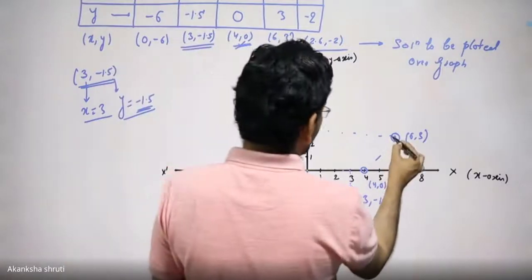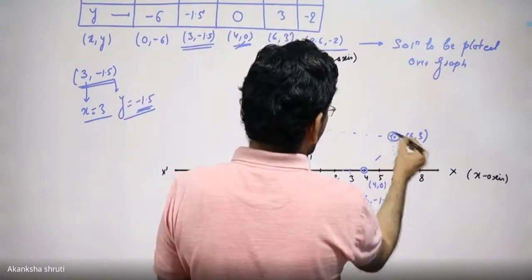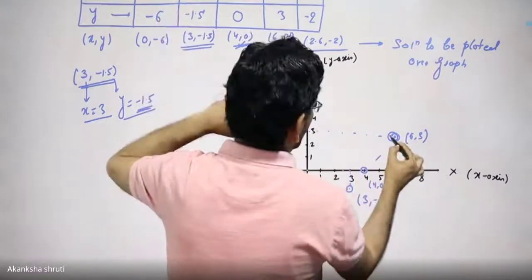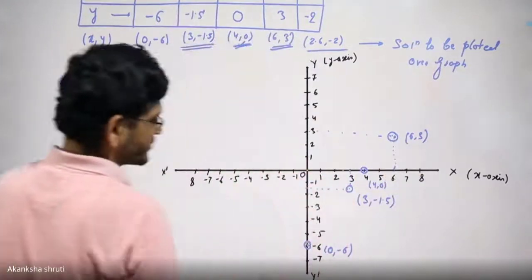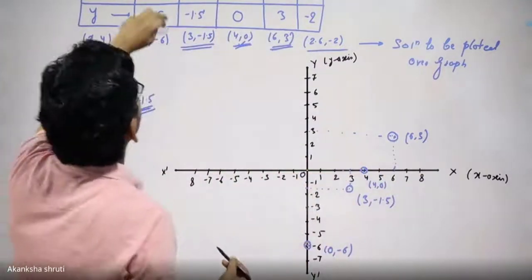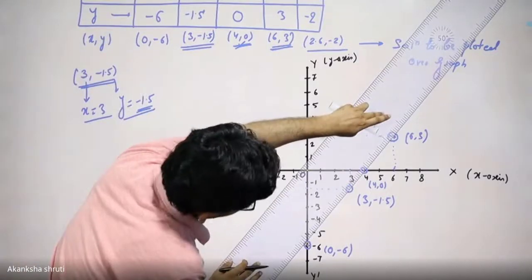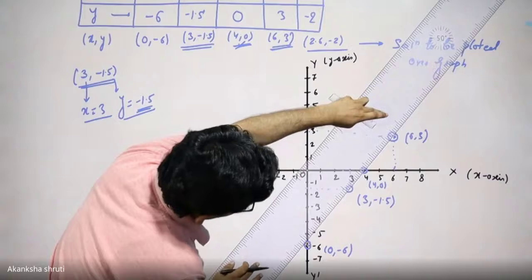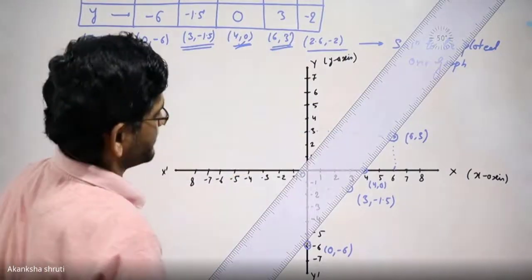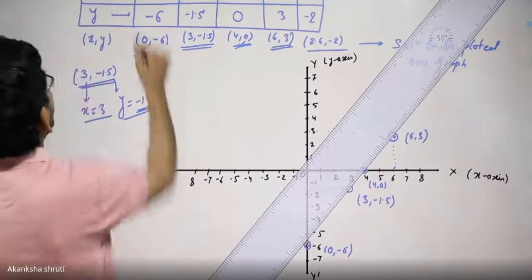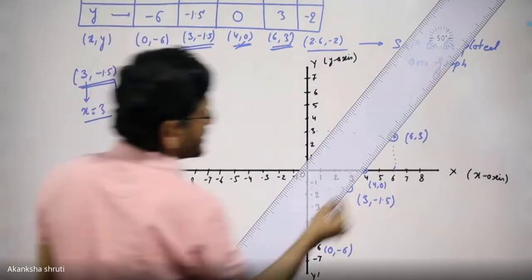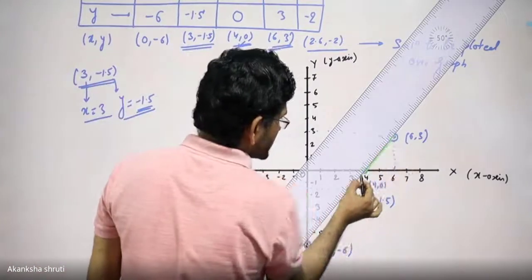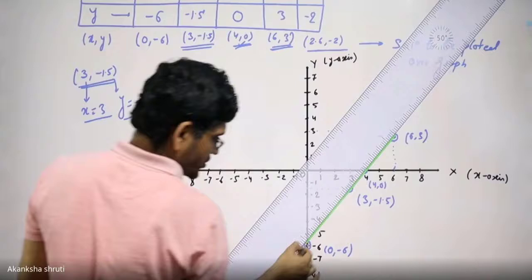Students, it appears that we are going to get a straight line. Now take your scale and join them. If you have plotted all these points correctly on your graph paper, they will come on the same straight line. Okay, students, so joining this point to this point to this point.